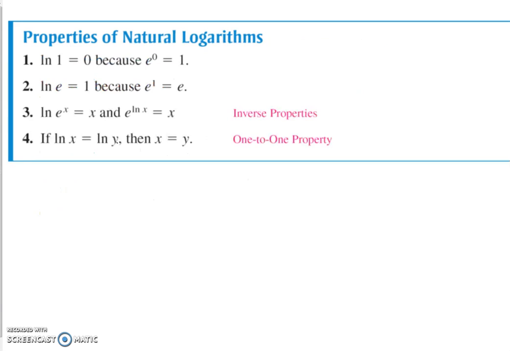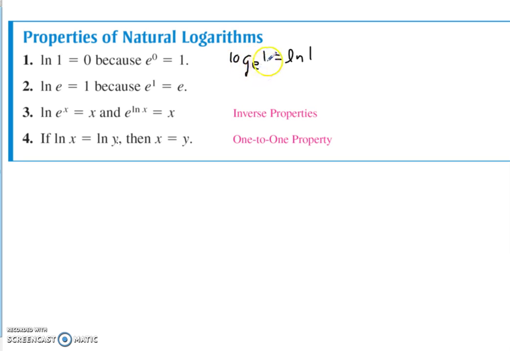Let's move on. Some properties that we have. The natural log of 1 is equal to 0 because e to the 0 is 1. And you might say, where did this e come from? But remember, I really have this as log base e of 1, which is the same as the natural log of 1. That's just a shortcut way to write all of that out.